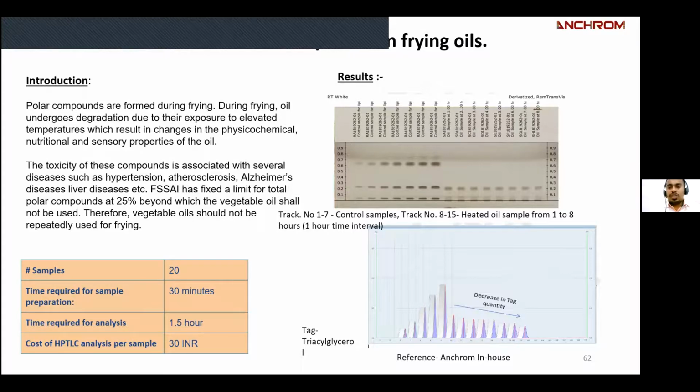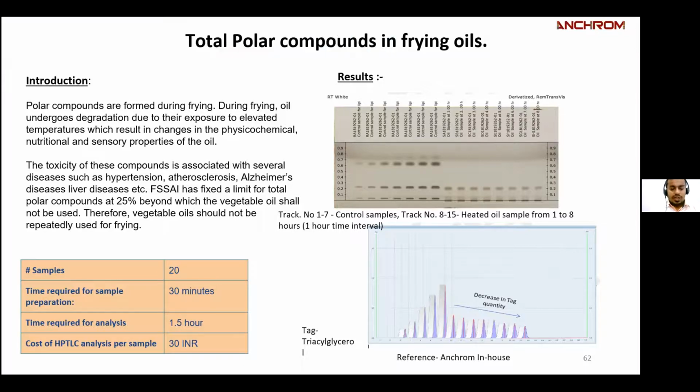After checking at 4 hours, the triglyceride is getting decreased, and if the triglyceride is decreasing, then alternatively the polar component will increase, and that will lead to a change in the quality of the oil. Why is this happening? Because when we use any food article for frying, it will contain some water.